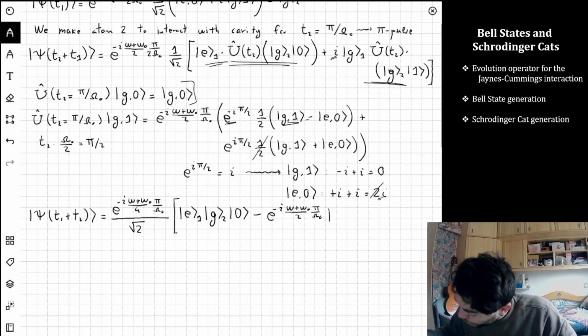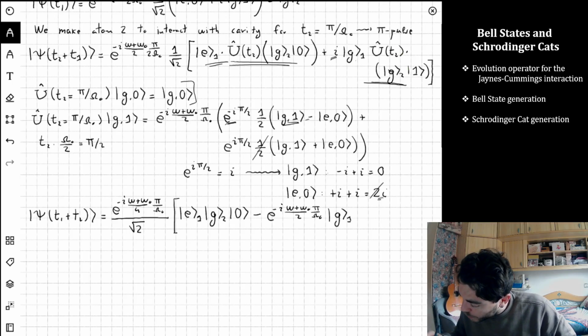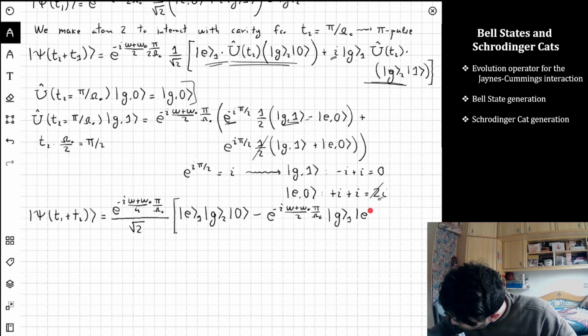And then we have the other possibility, which is the atom 1 in the ground state, and the result of all this operator, apart from this phase factor, is atom 2 in the excited state, and 0 photons in the cavity.